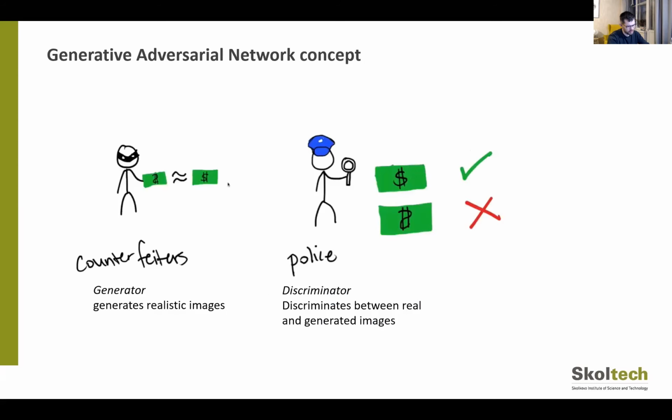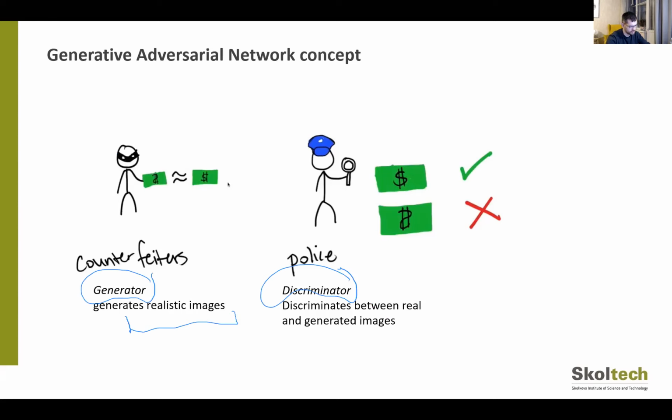I suppose everyone is more or less familiar with GANs, so I will shortly describe what GANs are and how we can adapt them to anomaly detection. We say that we have this generator and discriminator framework, and we use the generator to generate realistic images, objects or representations, and the discriminator to distinguish between real and generated images.